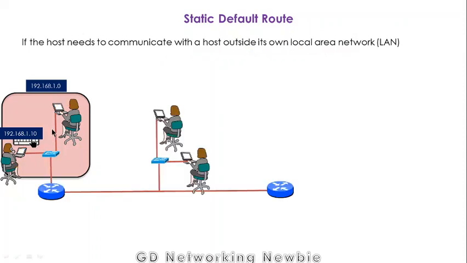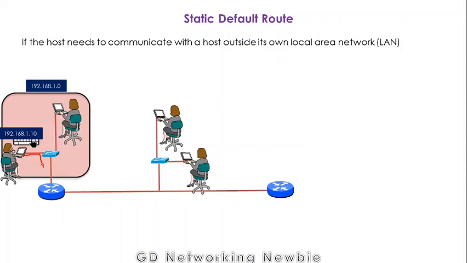But for example, if the host needs to communicate with a host that is not in the local area network, but somewhere outside it, what happens if the packet comes and in that packet we have some address which is not in this subnet?